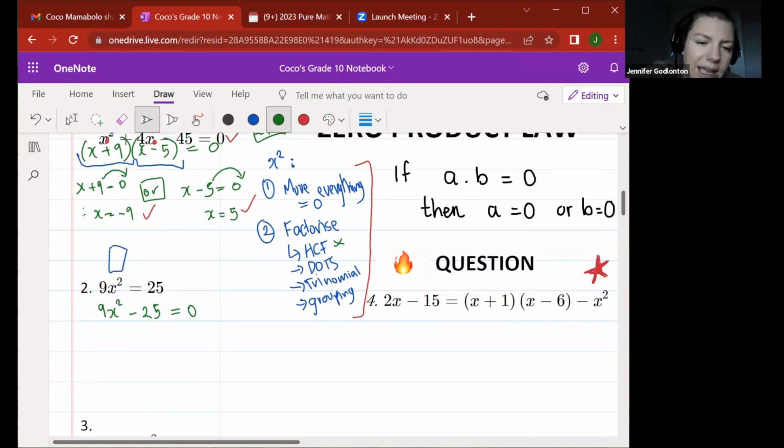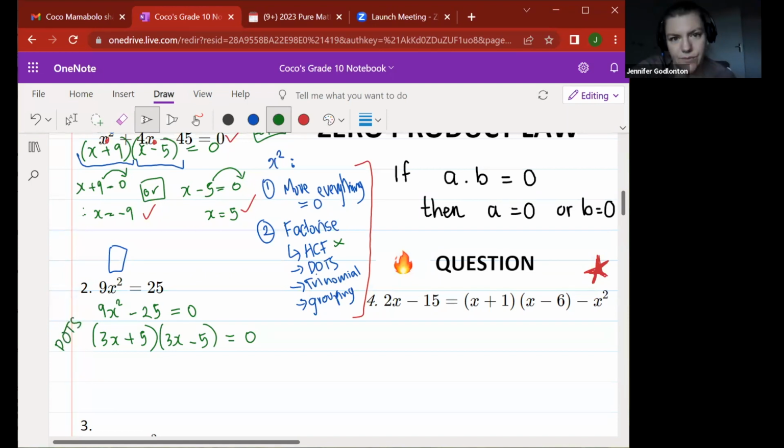So we're going to say 3x plus 5, 3x minus 5 is equal to 0. Mark-wise so far, I want you to give yourselves a mark for getting it into that standard form, getting it equal to 0.